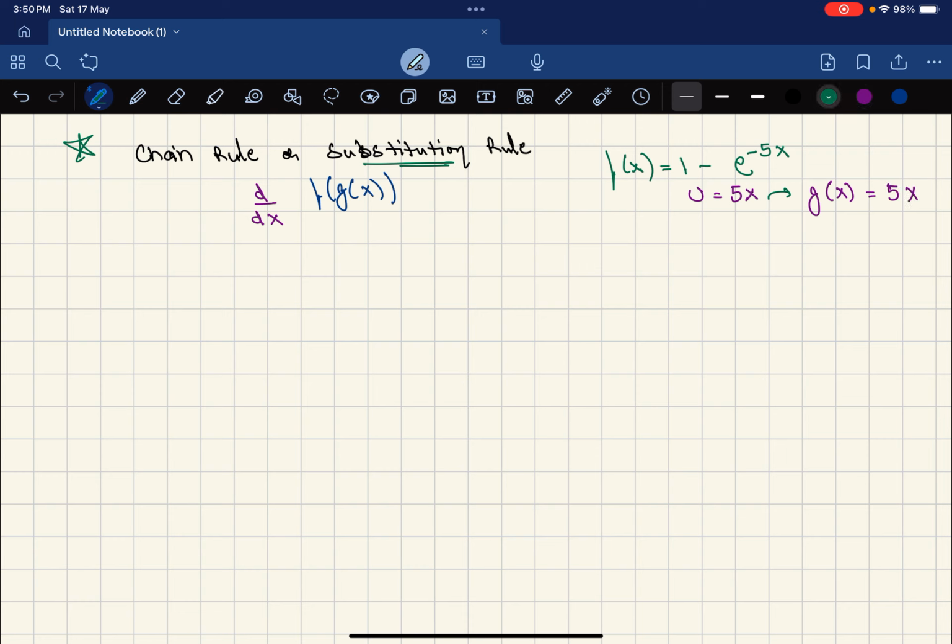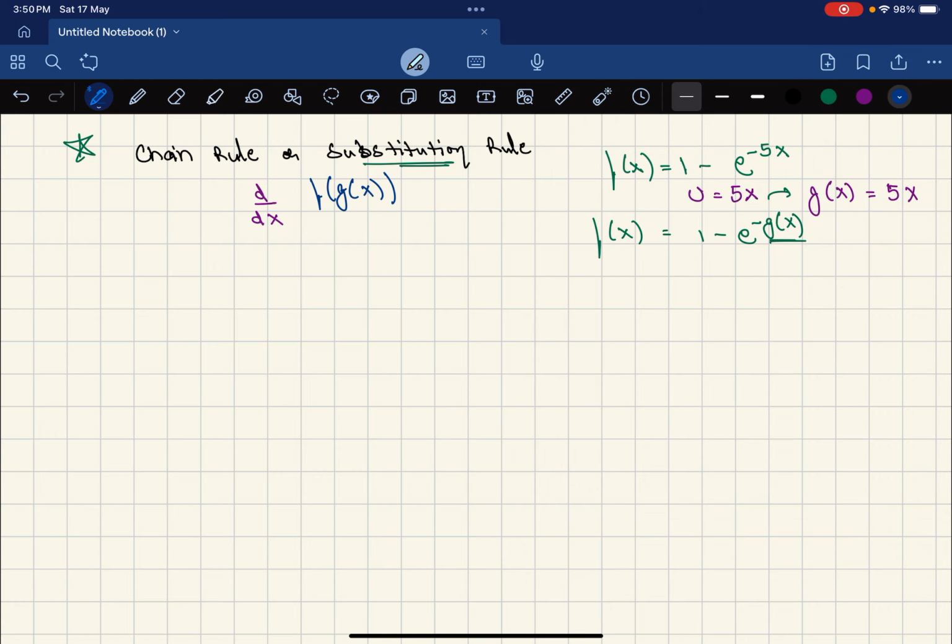Now f(x) could be written as 1 minus e to the power minus g(x). So now we see that f(x) itself has become a function of g(x) here. So instead of finding the derivative of f(x), we are actually finding the derivative of f(g(x)), which are exactly the same things. So how do we do that?